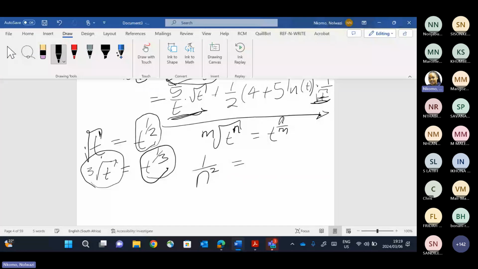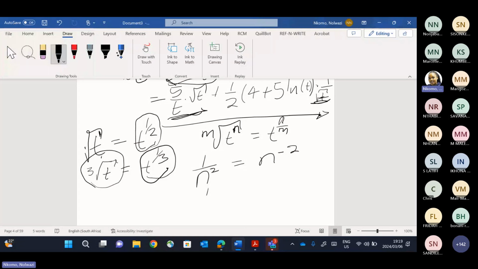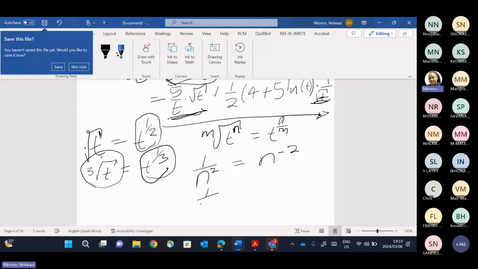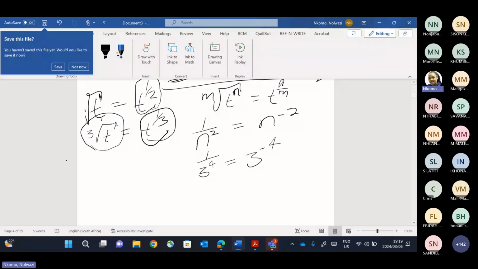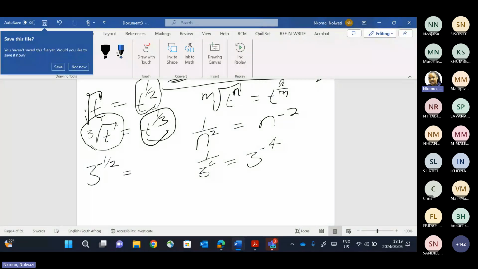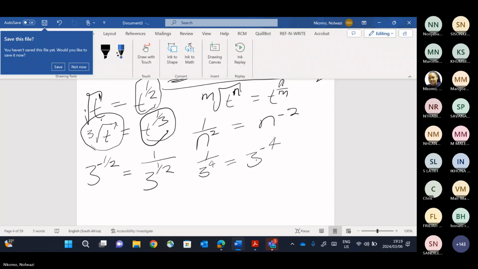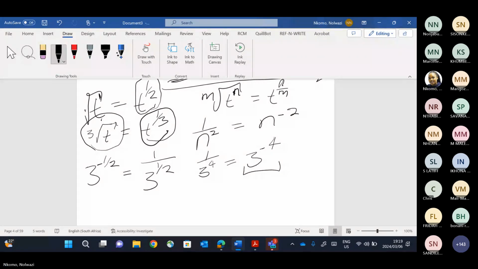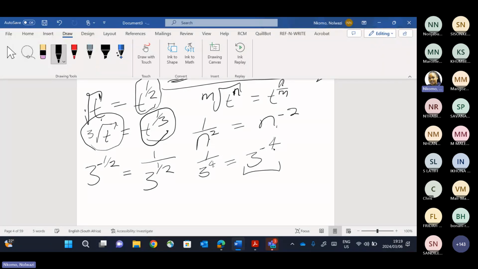If you have 1 over 3 to the power 4, this is the same thing as 3 to the power minus 4. If you have 3 to the power minus half, this is the same thing as 1 over 3 to the power a half, right? If we have 3 to the power minus 4, this is the same thing as 1 over 3 to the power 4. If you have n to the power minus half, it's the same thing as 1 over square root of n, right?